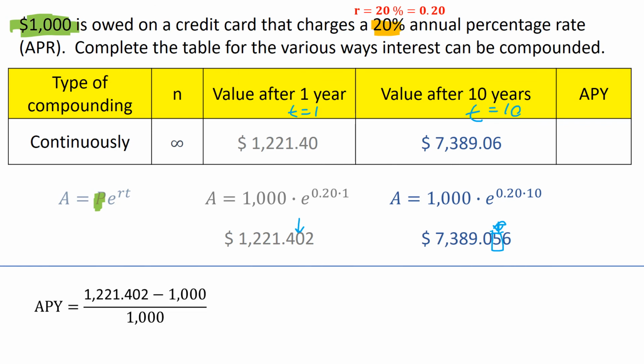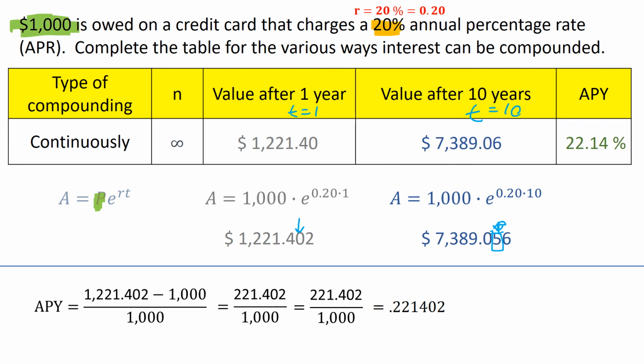Another way to calculate APY is to look at how much interest you earned in 1 year and divide it by what you started out with. In this case, it's 22.14%. So in other words, having an annual interest of 22.14% is the same as a continuously compounded interest of 20%.